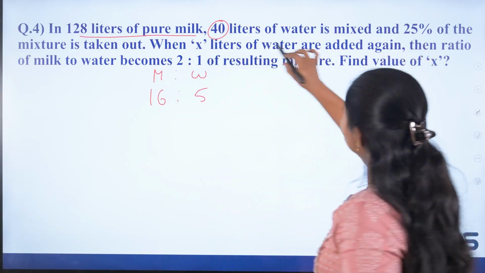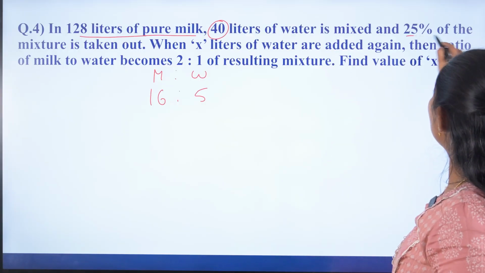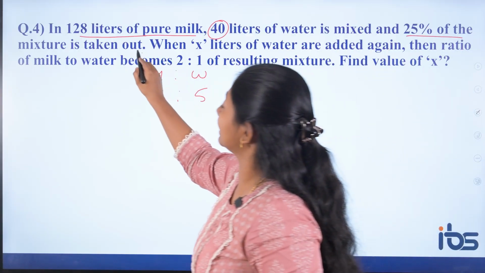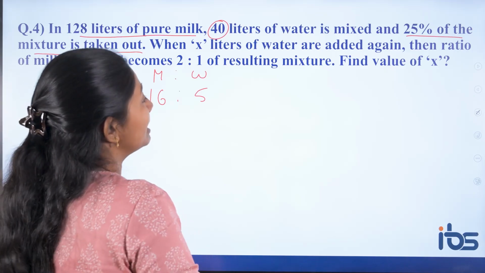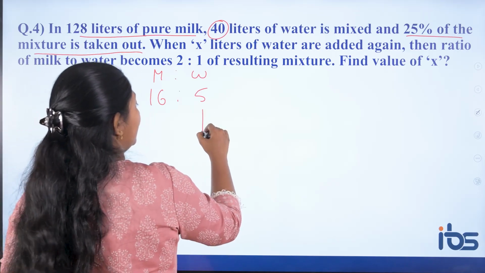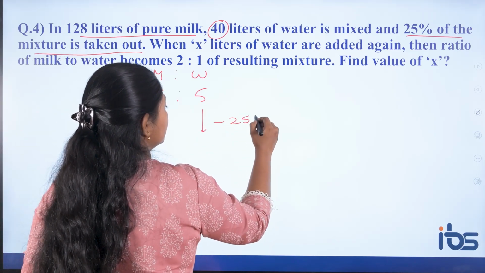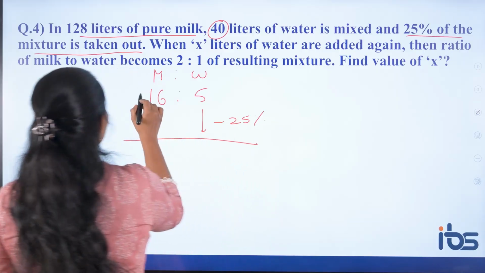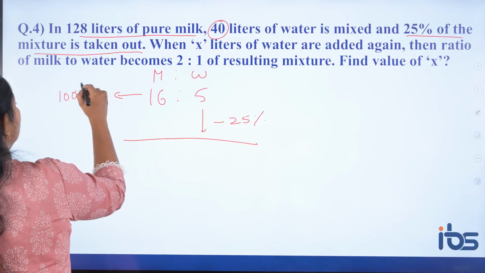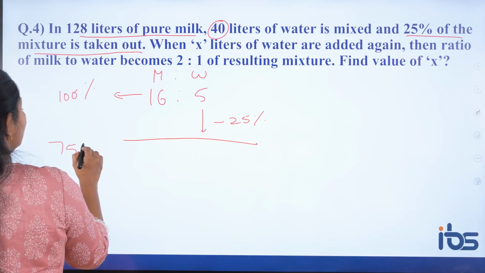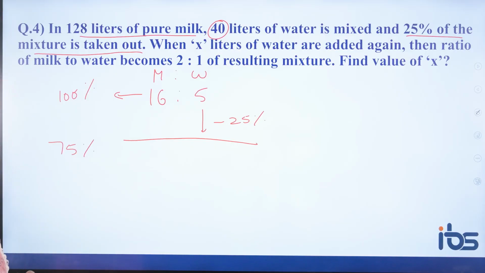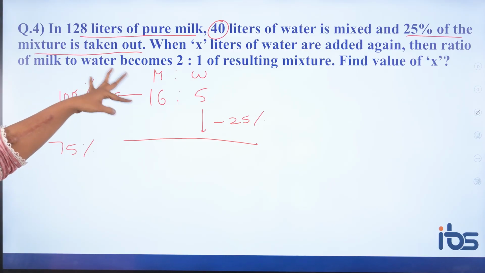128 and 40 liters. Next, 25% of the mixture is taken out. So remaining will be how much? This is 100%, now remaining is 75%. From that you can take out.